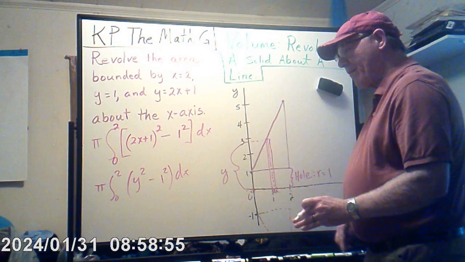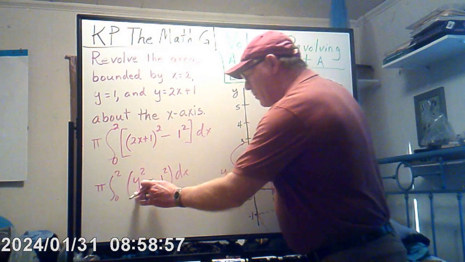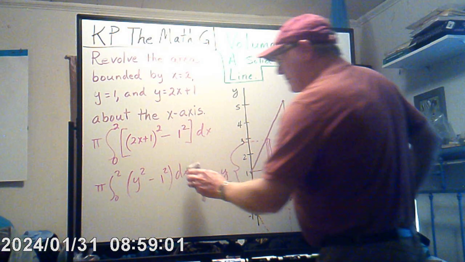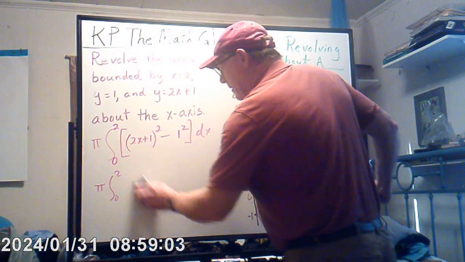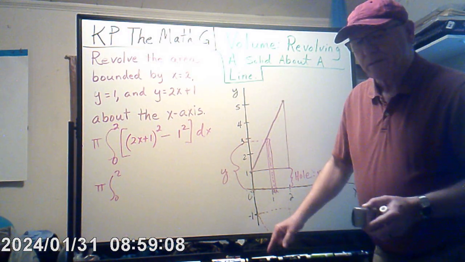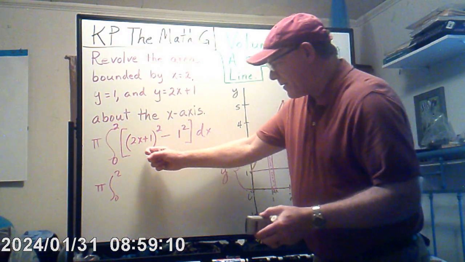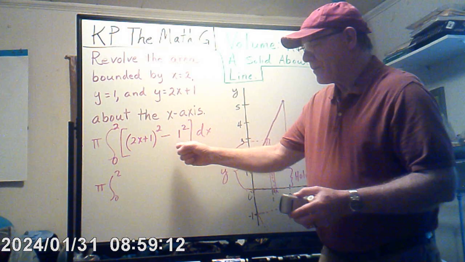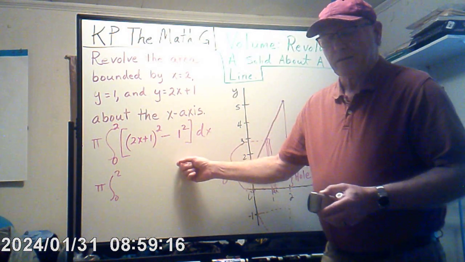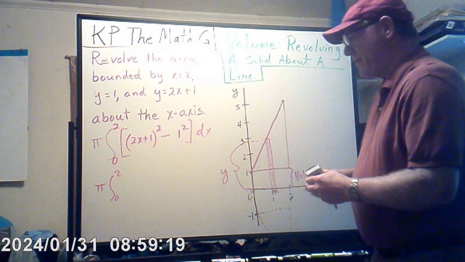And anytime you have that, you're going to have something squared minus something else squared. If you have a solid of revolution, if it's solid all the way through, it's not going to be a big R squared minus a little r squared, just one thing squared. And that's the difference.